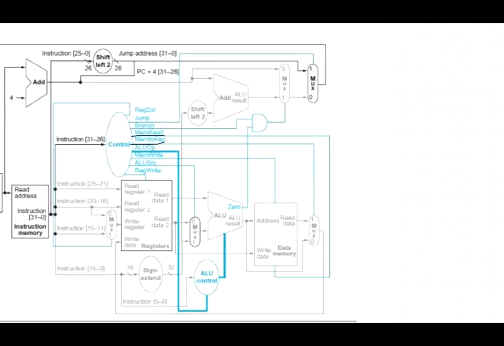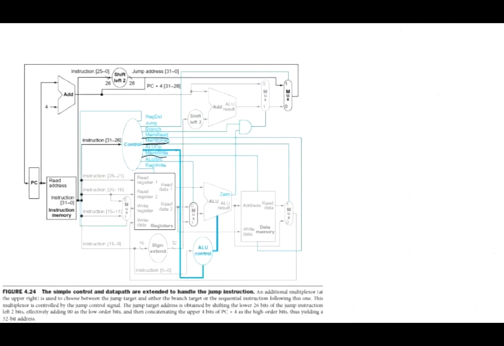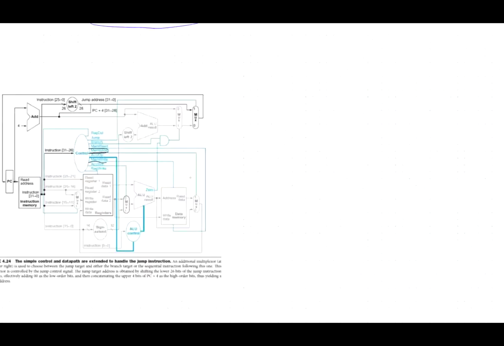Memory write is store. Sorry, it's confusing. Memory write corresponds to store. For the load, it would activate this memory to register and memory read, because we need to read the memory too. But store is memory write, because we're not reading any memory, we're just writing into it. Anyways, let's go back here.